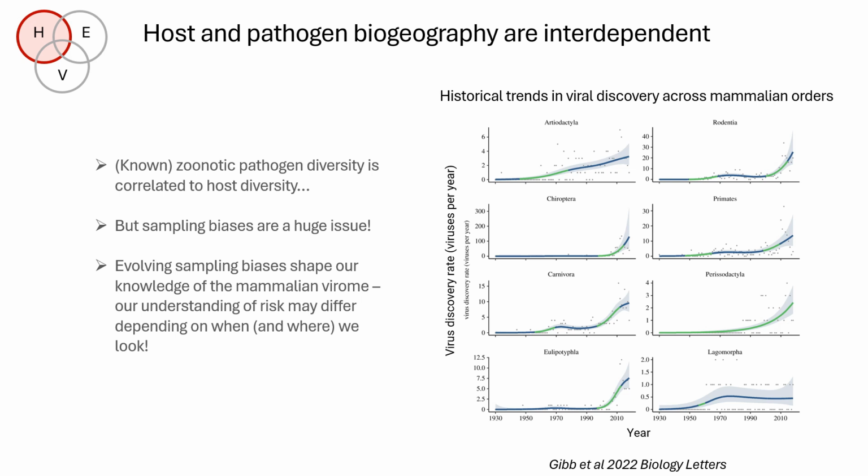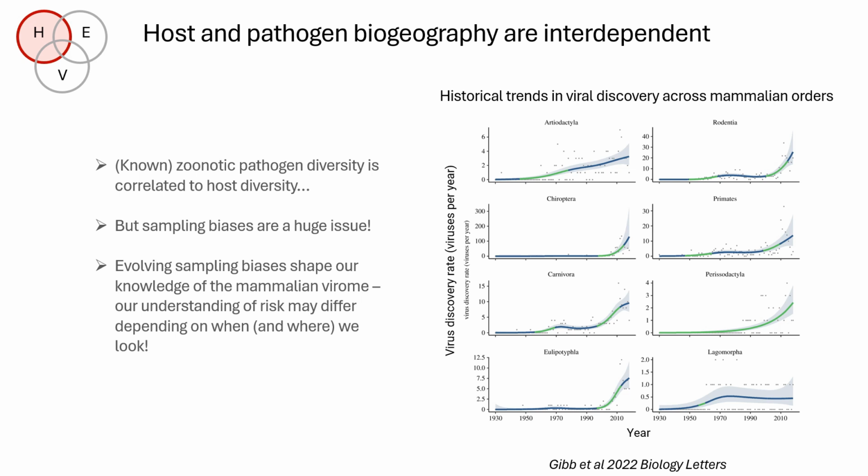So I guess around the point in time when Nipah virus and then SARS-CoV-1 emerged, we suddenly saw a huge escalation in virus discovery rate in bats and rodents, which has led the two of them to become the most virus diverse orders, or at least known to be the most virus diverse orders according to the data that we have.